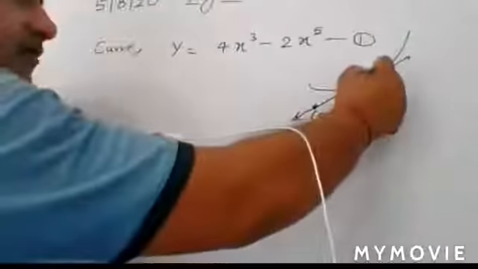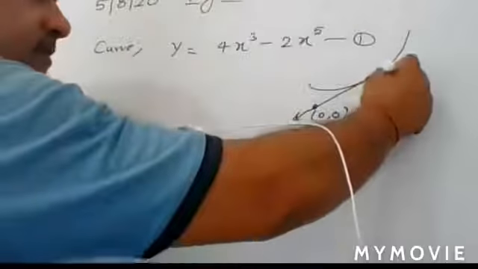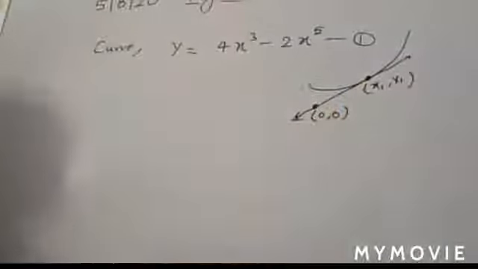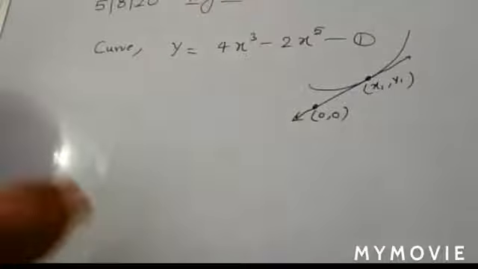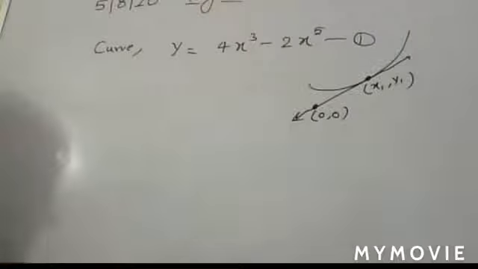You have to find the values of x1, y1. The sense of the question is that the tangent is passing through the origin, and you have to find all the points on the curve for which this happens.